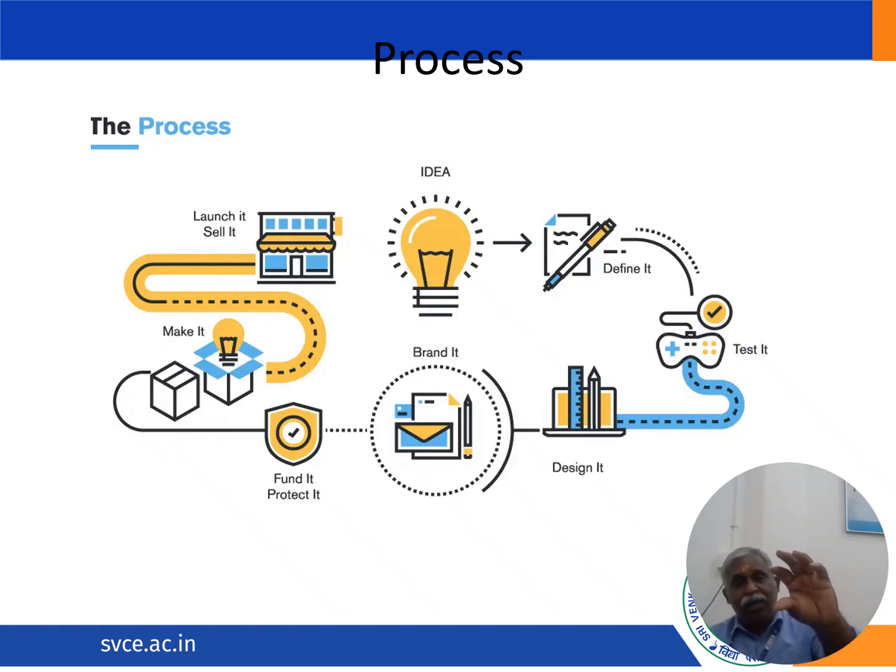With that idea, we have a product. The product is tested. Then we change some design. After changing the design, we go for branding. In the branding, our reputation is very, very important.